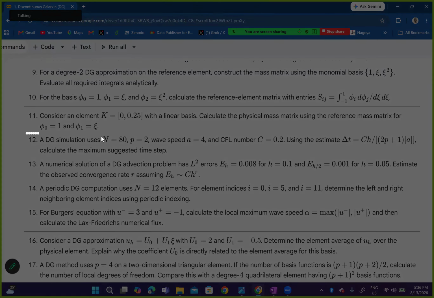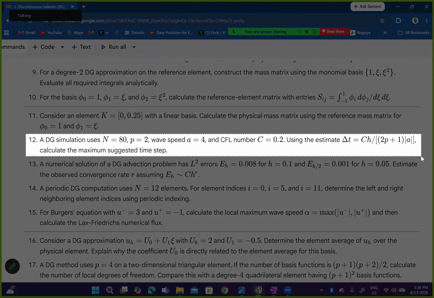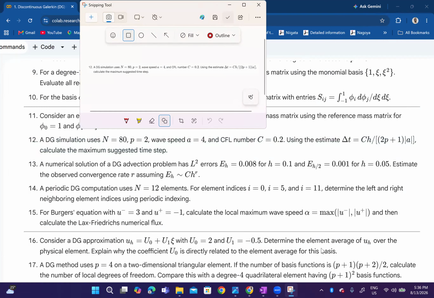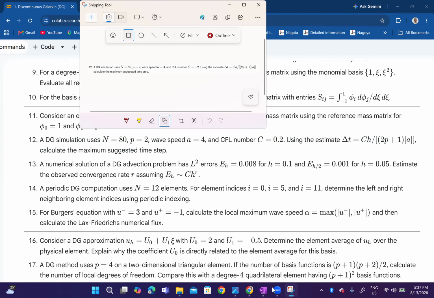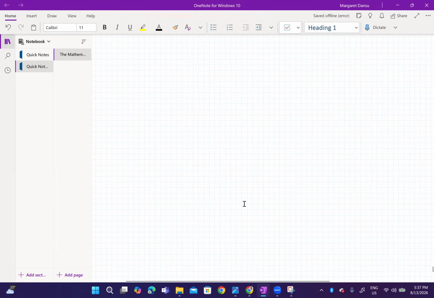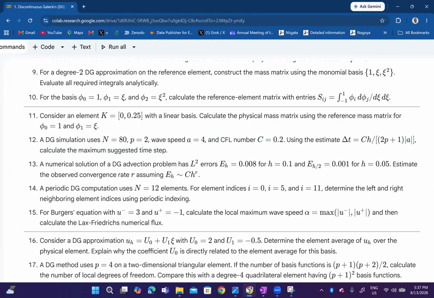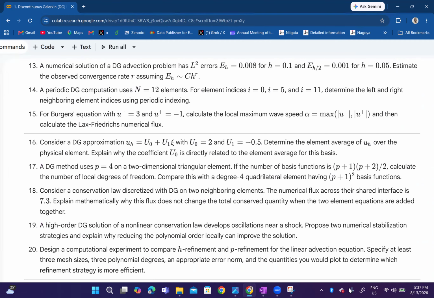A DG simulation using n equals 2 and so on. I'll also copy that and bring it right here. Okay, so let's go for this now. Let me show the rest of the problems. Here you can see up to 17. So let's solve those two problems and call it a day.